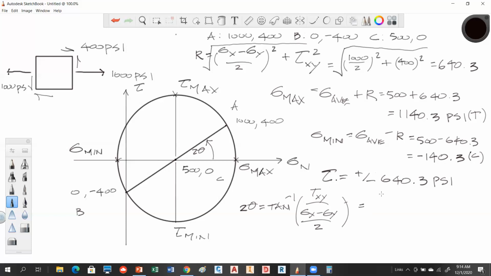So you get 400 divided by (1,000 minus 0) divided by 2. So when you take the arctangent of that, let's see what we come up with. I should actually have an arctangent in here. I'm running out of room, guys. So let's see what we come up with.